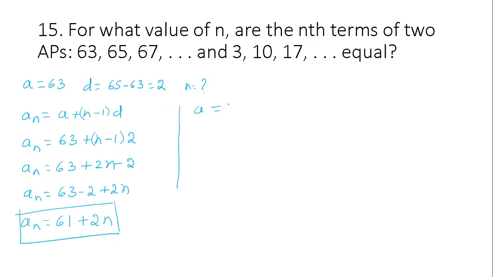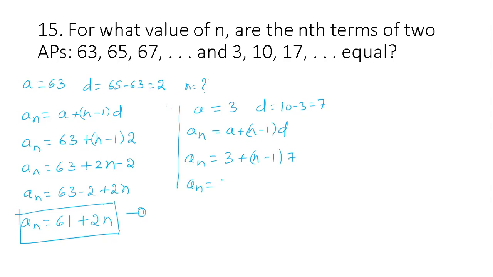A is 3, D is equal to 10 minus 3 is equal to 7. N we don't know. Call the previous one equation number 1. AN is equal to A plus N minus 1 into D. AN is equal to 3 plus N minus 1, D here 7.